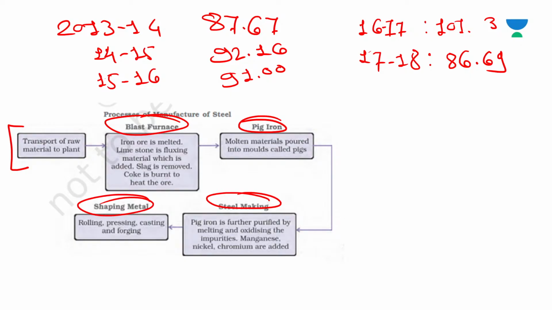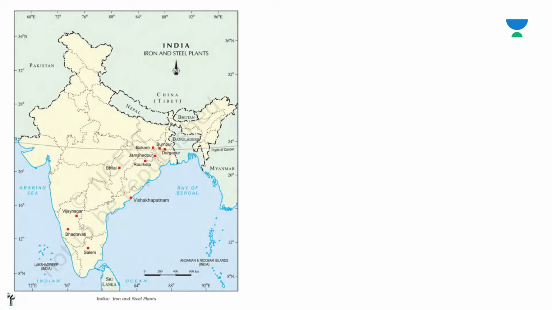Now, after the process of steel, friends, let's see the iron and steel plants given in the map.